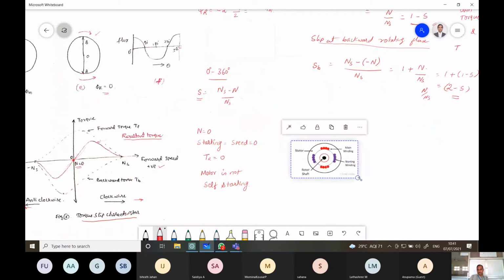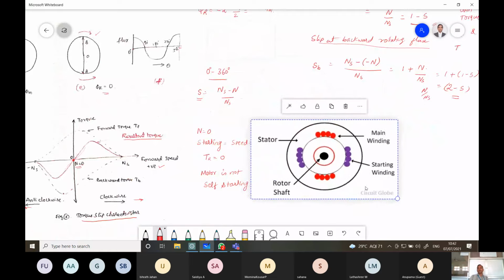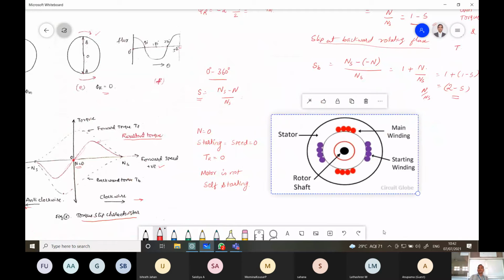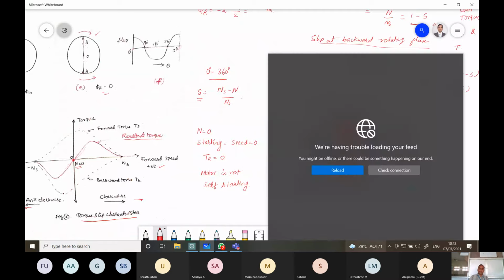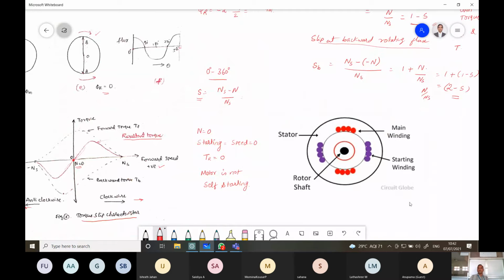So look at this diagram. There are two windings, one is the main winding and another is the starting winding. The main winding is called the running winding, and the starting winding is also called the auxiliary winding.